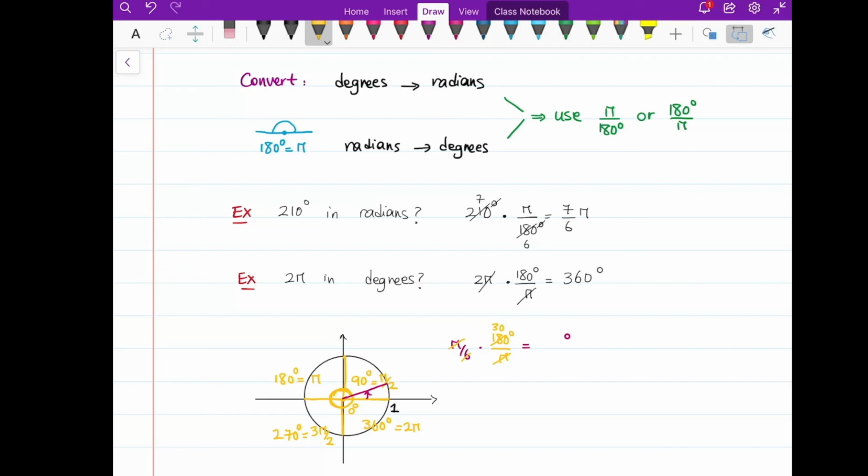I get 30 degrees. So pi over 6 is 30 degrees, pi over 3 is 60 degrees, and pi over 4 is 45 degrees. These are important ones that we usually work with in Calculus 1. Now let's go to trigonometric functions.